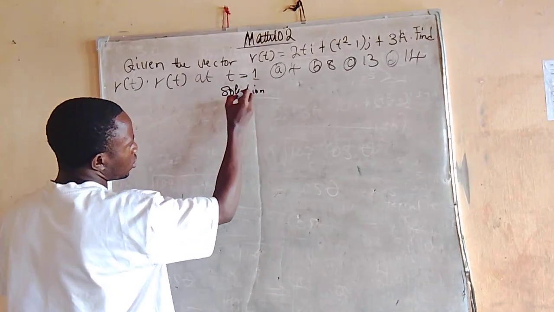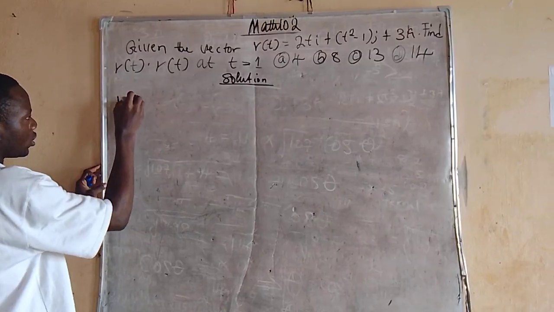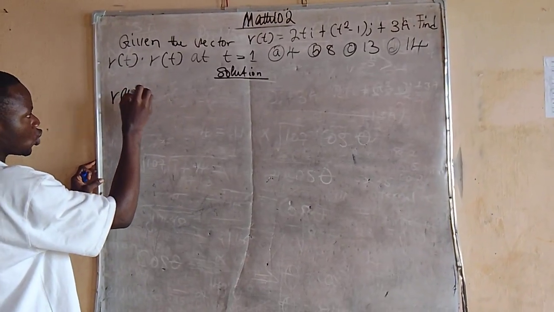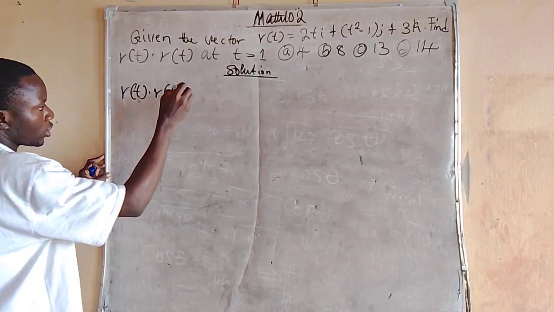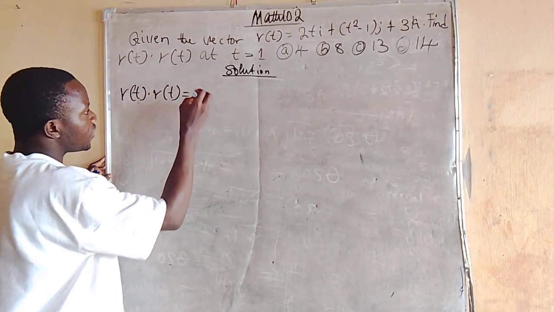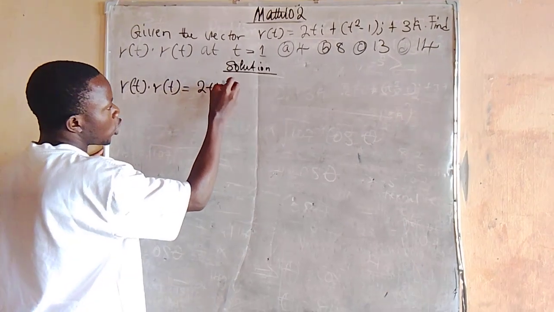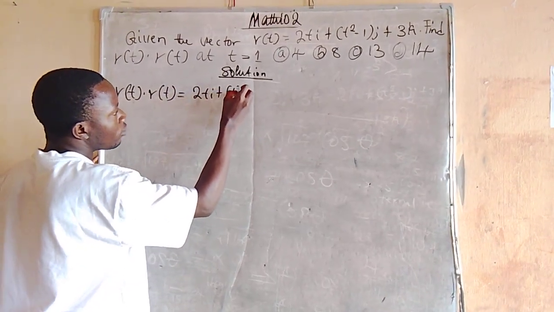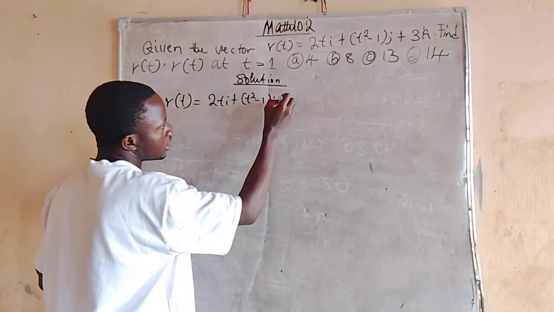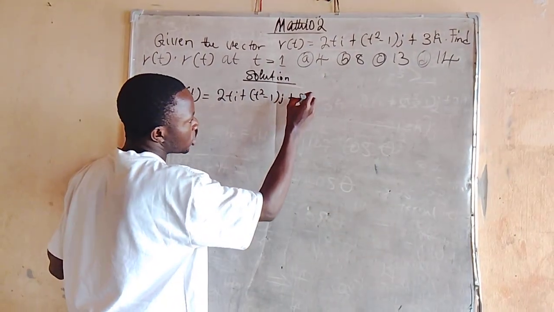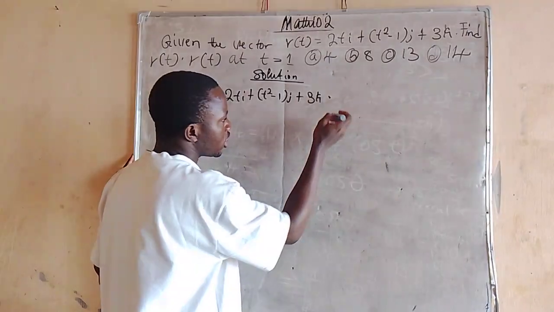Solution. Alright, we have r(t) dot r(t). This is equal to, we are going to write the vector 2t i plus (t squared minus 1) as the j component plus 3k, multiplied by, this dot means multiplication.